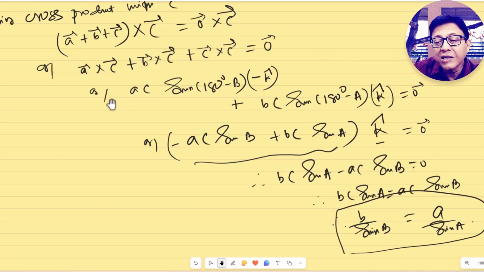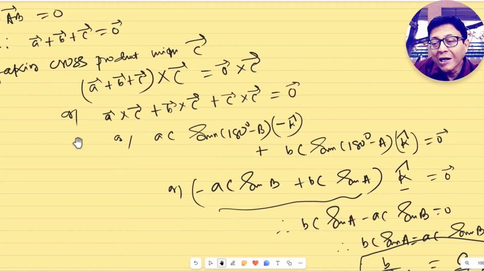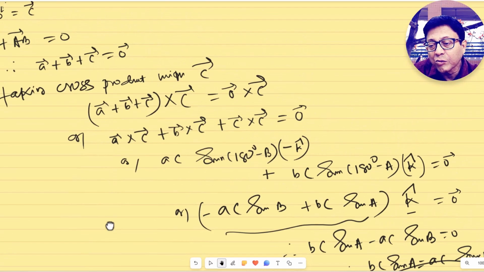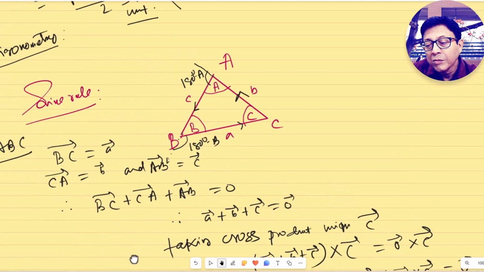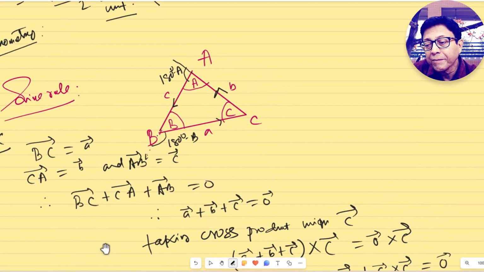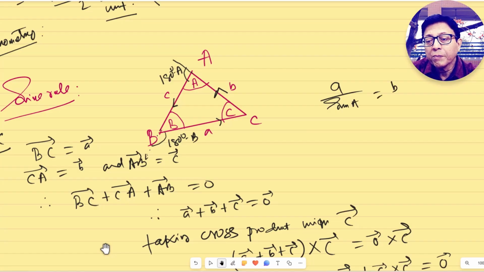Therefore, BC sin A minus AC sin B is going to be 0. Therefore, BC sin A equals AC sin B. Therefore, B by sin B equals A by sin A. Okay?